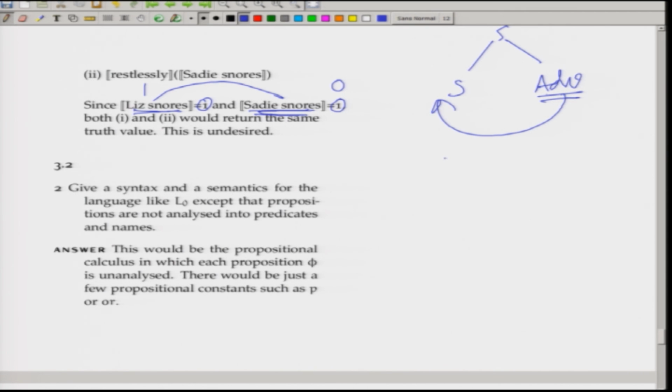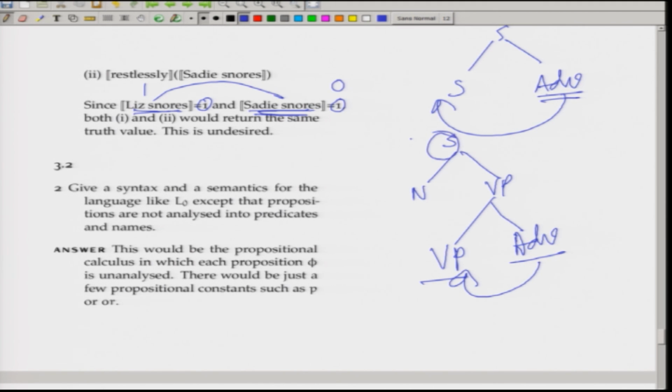On the other hand, we have seen that this analysis, that it goes to N and VP, and it goes to VP and ADV. This one is different because it works on the VP. It doesn't work on the S. That is the reason it determines the value at this level.